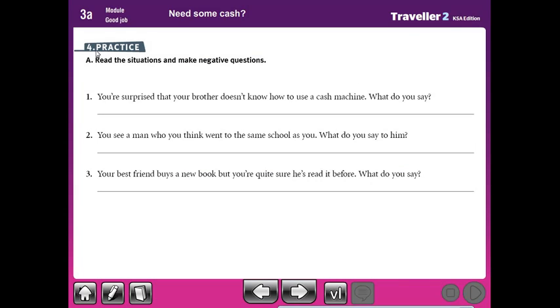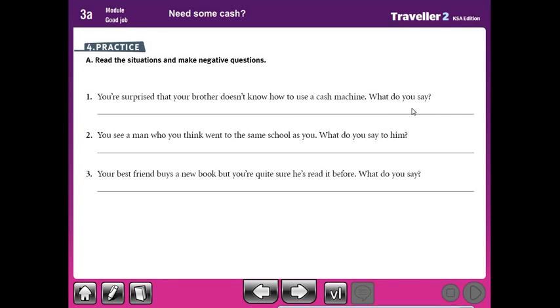Now, exercise 4, practice. A. Read the situations and make negative questions. 1. You are surprised that your brother doesn't know how to use a cash machine.